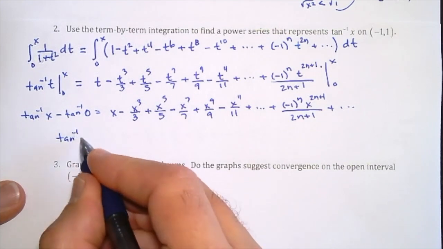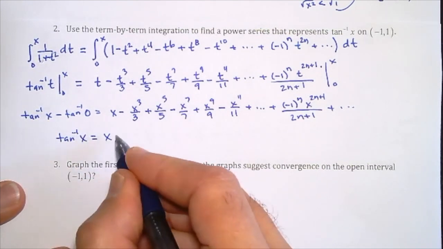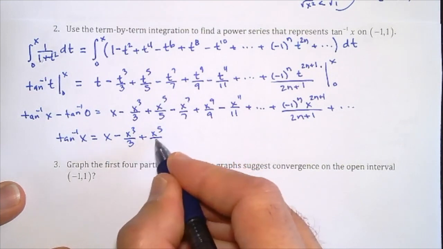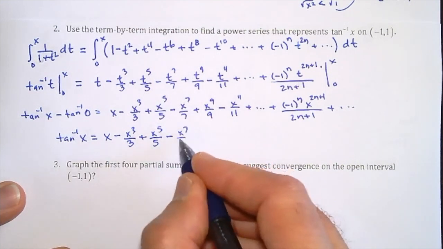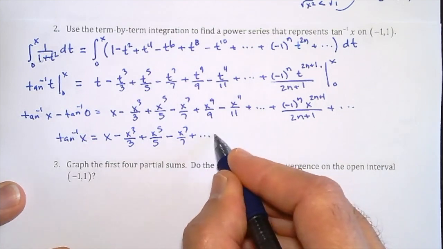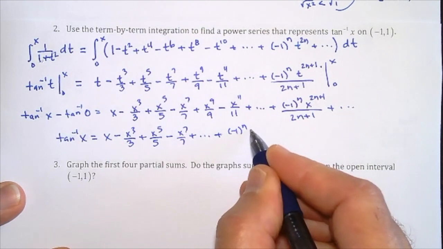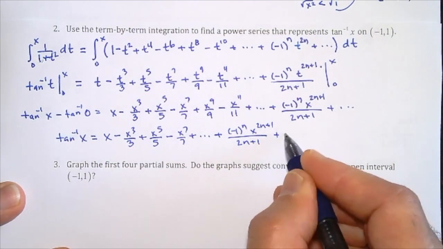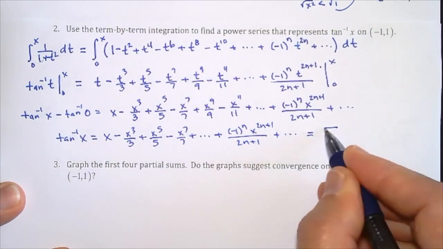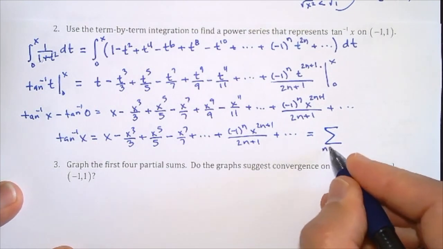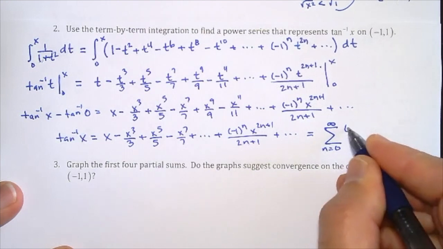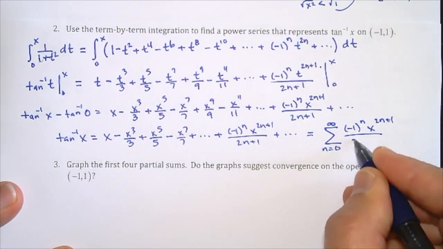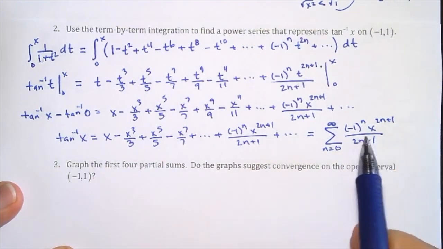So in essence, tan inverse of x is equal to x minus x cubed over 3 plus x to the 5th over 5 minus x to the 7th over 7 plus dot dot dot plus negative 1 to the n, x to the 2n plus 1 power over 2n plus 1 plus dot dot dot, and that's equivalent to the sum from n equals 0 to infinity of negative 1 to the n, x to the 2n plus 1 over 2n plus 1.